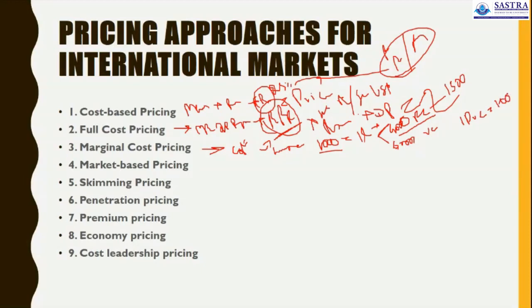So this you are all aware of. There are 1,000 products manufactured by the company, and the overall manufacturing cost incurred is 1 lakh rupees. So how much is the cost per unit? It becomes 100 rupees.